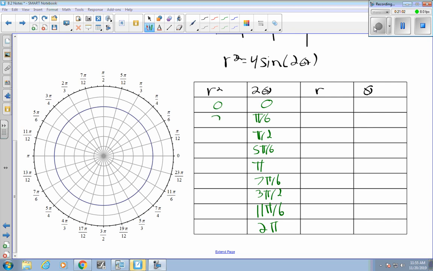This would be 2, right? 4, 2, 0, negative 2, negative 4, negative 2, 0, which means here's my block. That doesn't matter. And theta, or sorry, let's fill out the rest of the r's. Plus or minus root 2, plus or minus 2, plus or minus root 2, 0, 0.